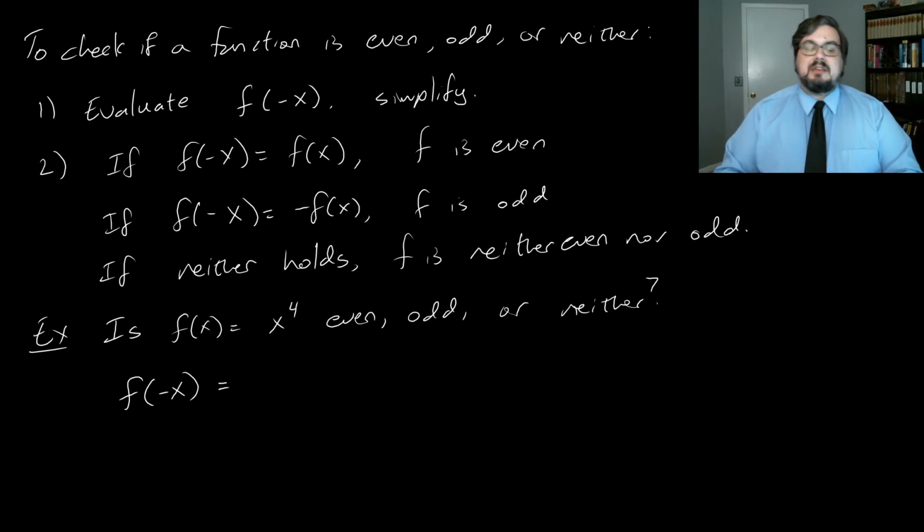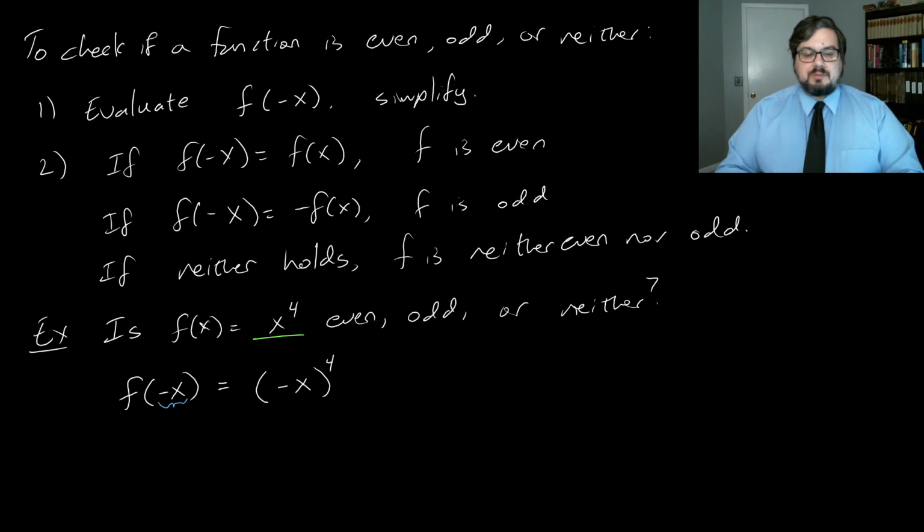We want to evaluate what f of negative x is, simplify it, and see what we get compared to the formula defining the original function. So f of negative x will be negative x to the fourth, because of course we replace the x in the original formula with the negative x that we're plugging in.